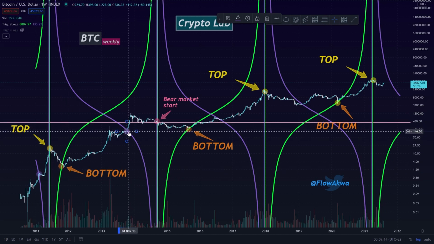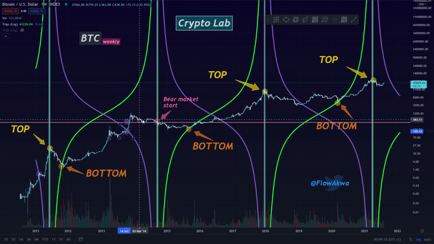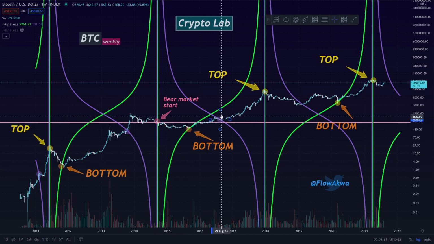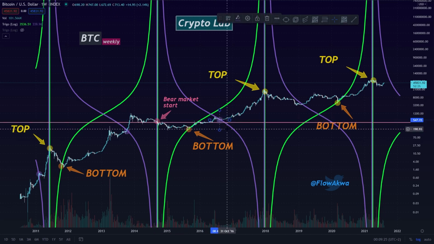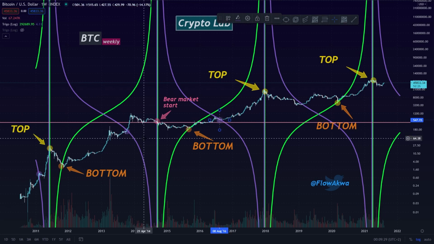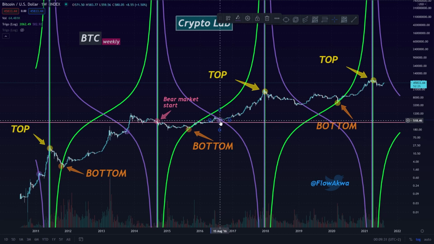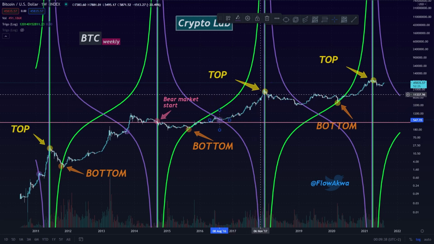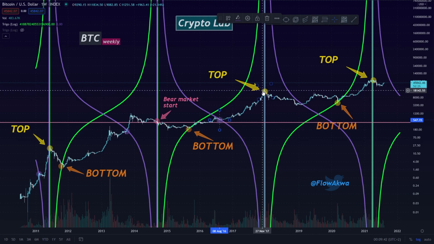Let's go on. If I take a point here, the next time we crossed the line was just here. And yeah, it's the same thing, because just like here, after crossing the line, we went to the bull market until the very top of 2017.